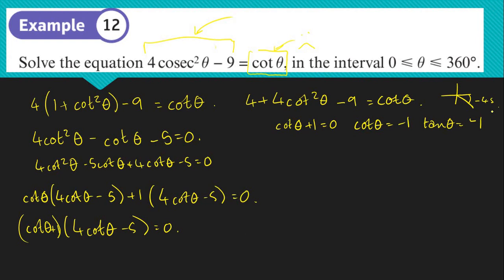Okay. But this is a little bit strange, because you're going to have to use a primary value that's negative, which is quite annoying really. So you get tan theta equals negative 1, and therefore you've got theta being all the way around here, which is going to be 315. Okay, so theta equals 315 degrees.